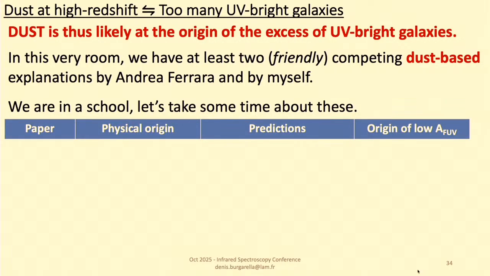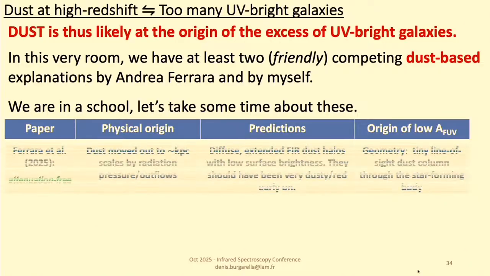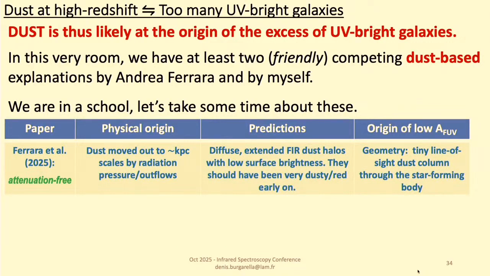So just to give you a summary for each paper: the physical origin, the prediction, and the origin. If I'm not wrong, Andrea will tell us, this is not dust-free, it's attenuation-free. This is very important. We have dust moved out to kiloparsec scale by radiation pressure outflows.